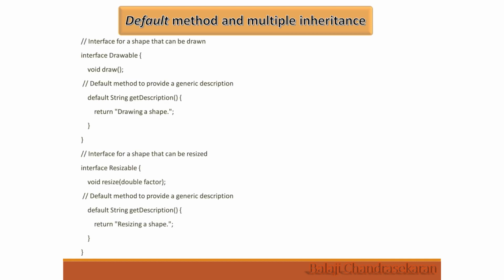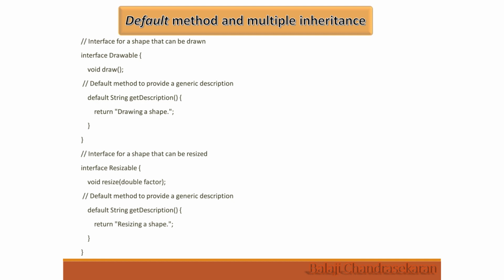Java's approach to interface default method conflict resolution helps mitigate the diamond problem by providing clear rules on method precedence and requiring explicit resolution when conflicts arise.